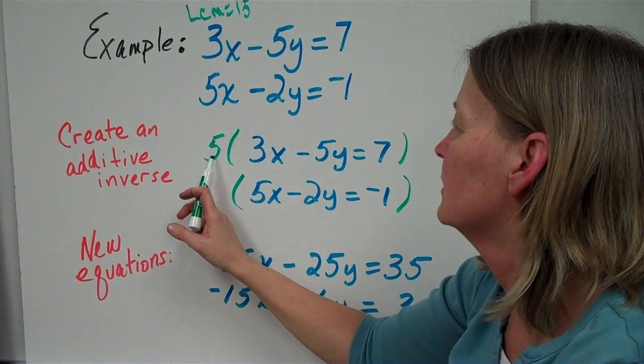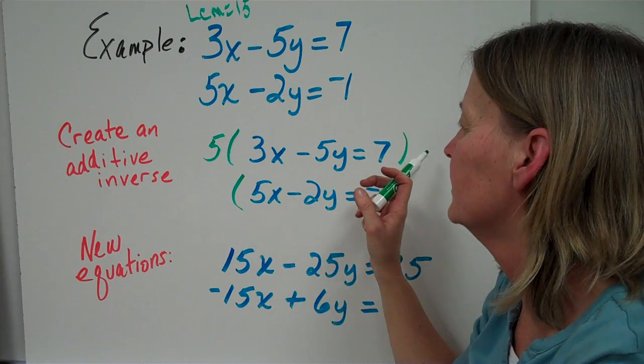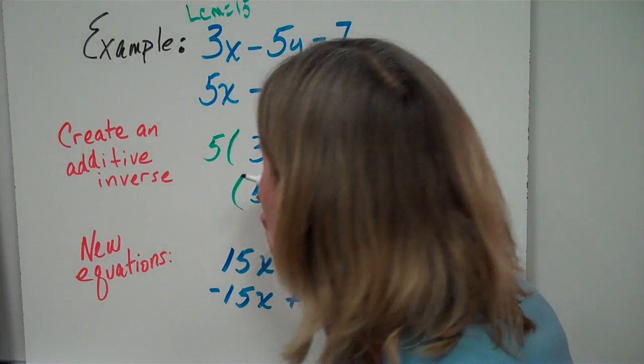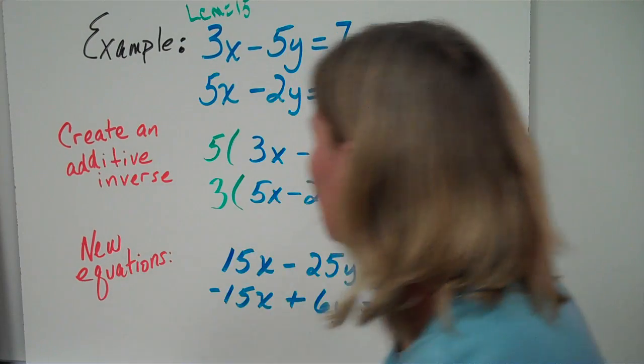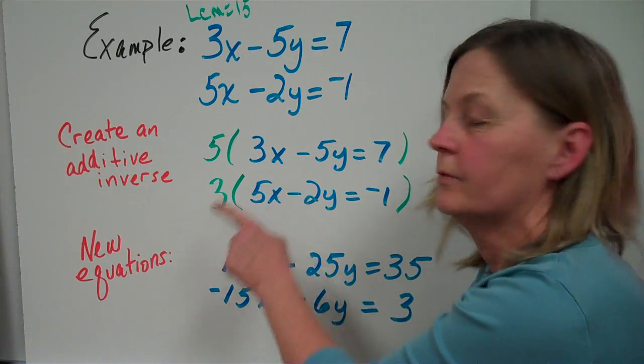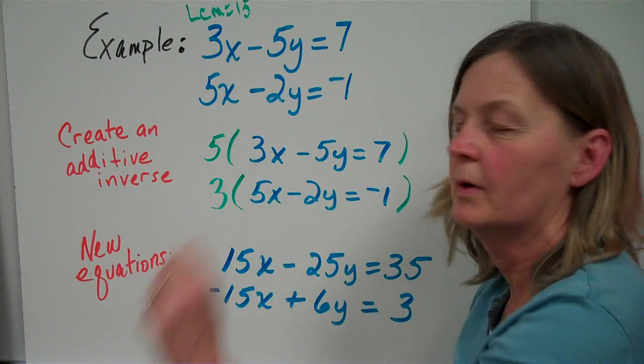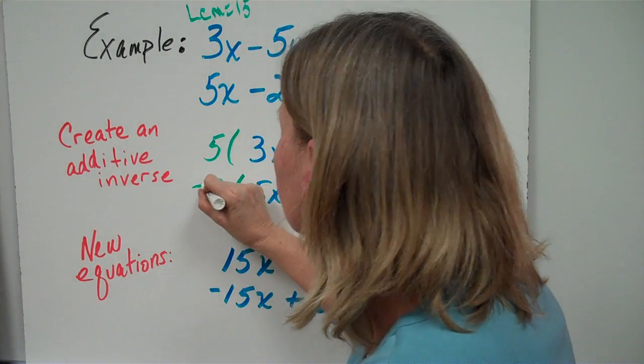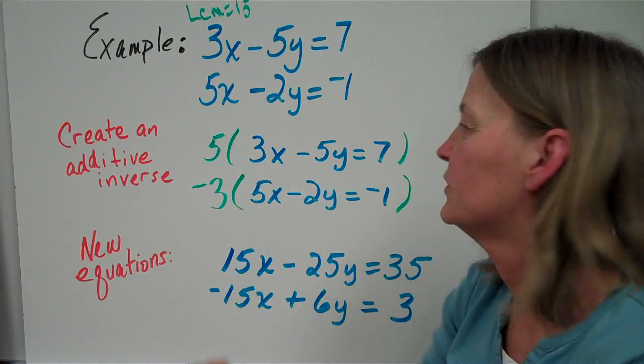And there I have that. This equation is going to get multiplied by 5. To make this a 15, I'm going to have to multiply by 3. Because then you can see 5 times 3 is 15, 3 times 5 is 15. But it needs to be an additive inverse, so I'm going to make this one negative. Because we're going to need opposite signs.